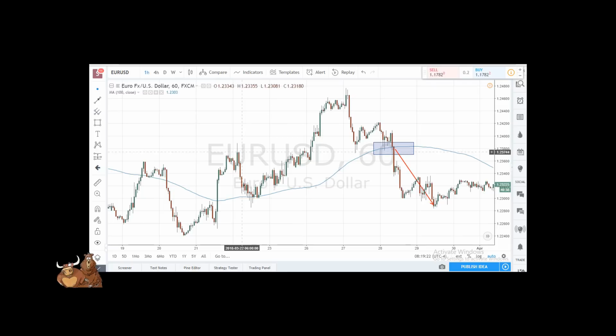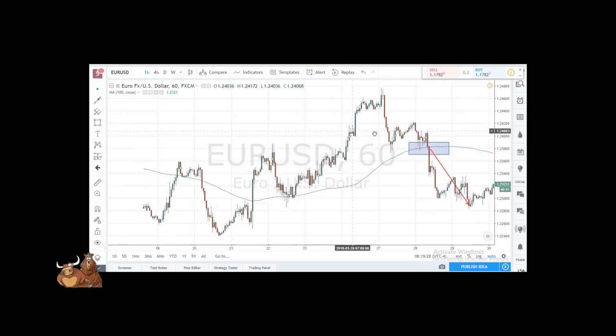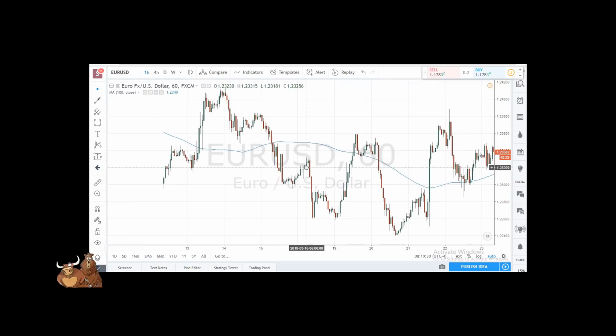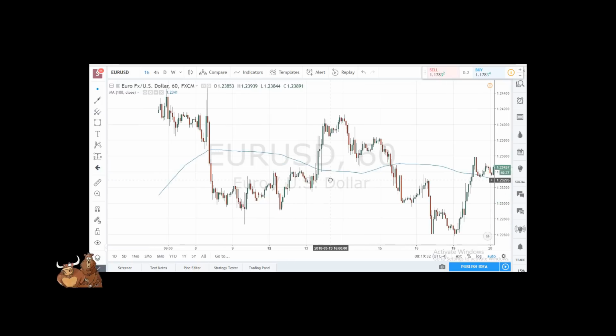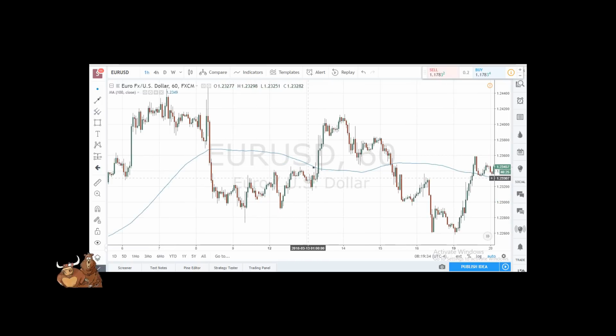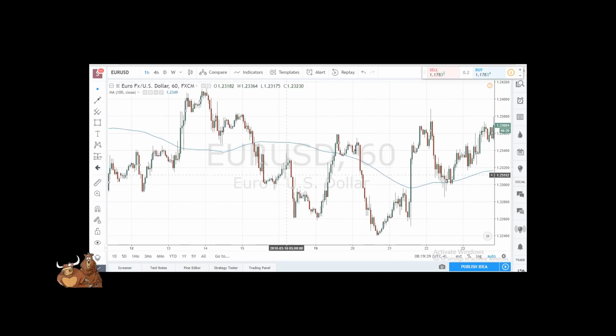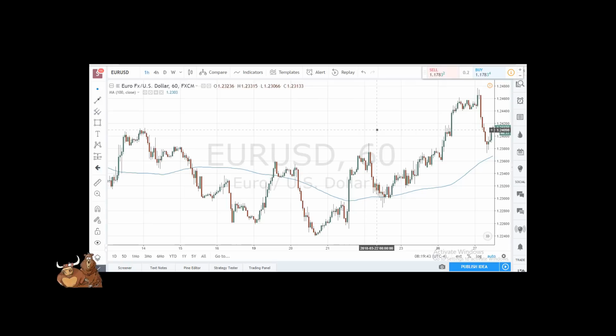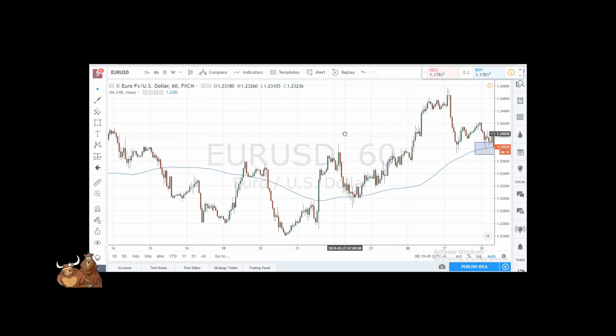On some very choppy charts you will see that the line is going through the candlesticks, like for example here in this euro dollar chart, you can see that we go constantly through the candlesticks, up, down, up, down, up, down, which is usually a sign of choppy price action.